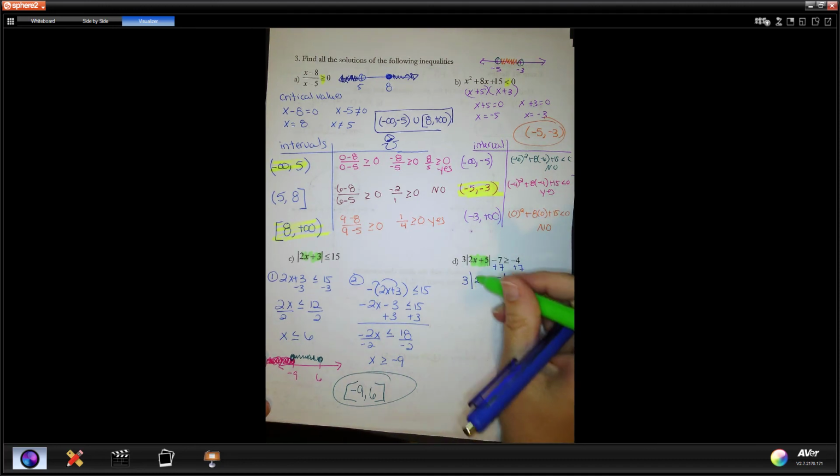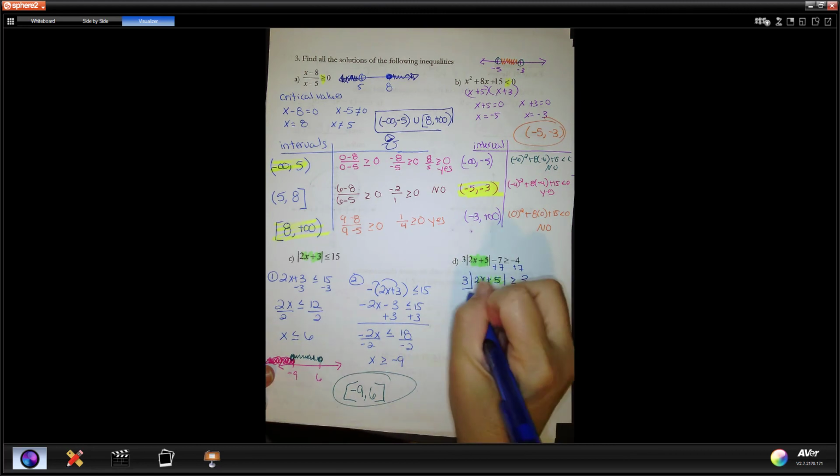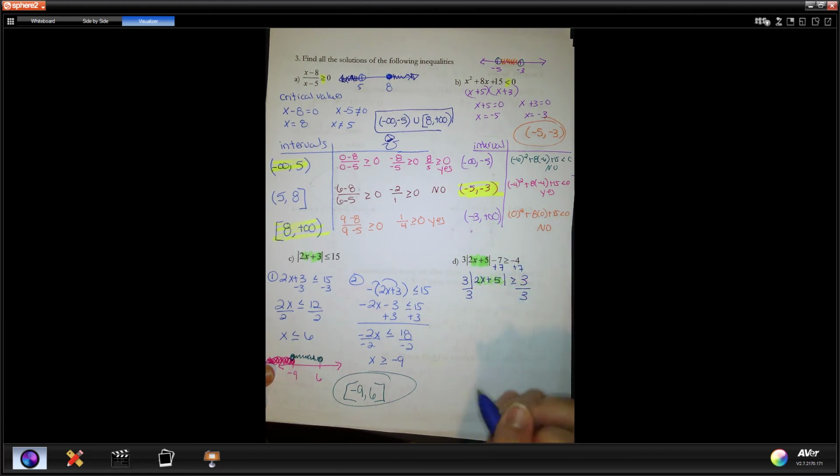Still getting our absolute value isolated. Not quite done yet. Divide both sides by 3. So we have the absolute value of 2x plus 5 is greater than or equal to 1. Once that absolute value is isolated, is now when we're going to go ahead and set up both of our inequalities.